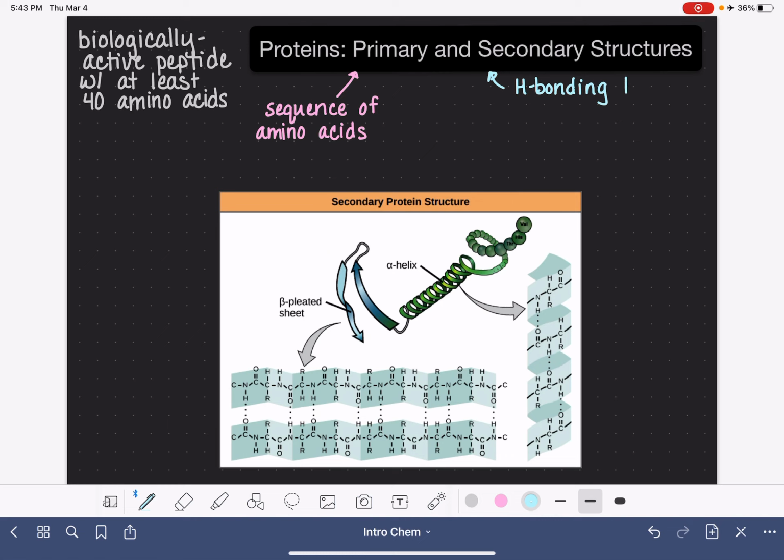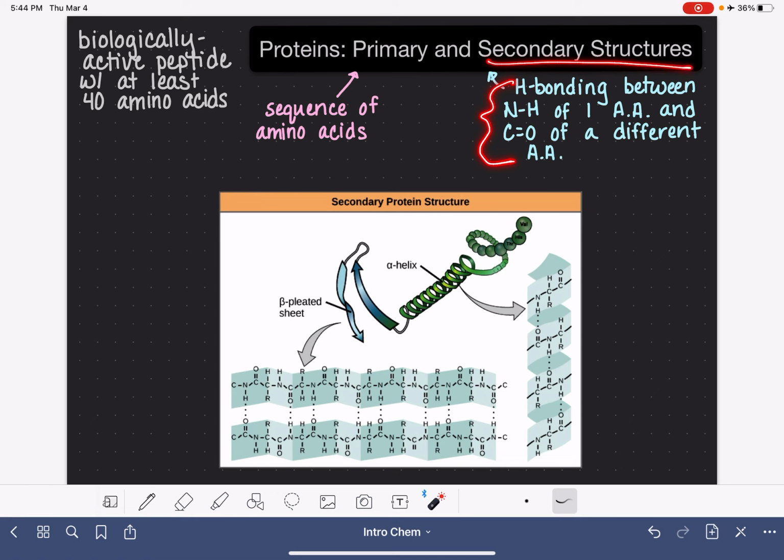The hydrogen bonding takes place between the nitrogen-hydrogen of one amino acid, I'm just going to abbreviate that AA, and a carbon-oxygen bond of a different amino acid. And the distance between the 2 amino acids that are hydrogen bonding together to form the secondary structure creates 2 different possible shapes for the secondary structure.